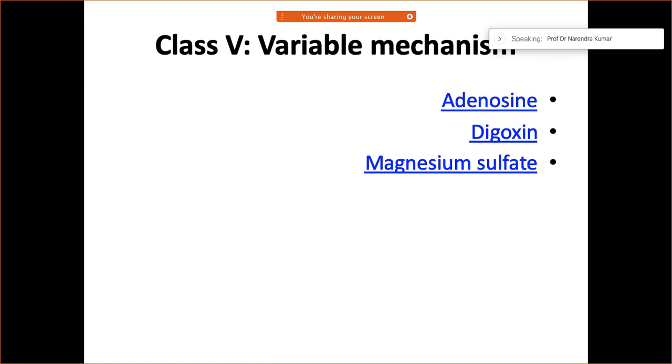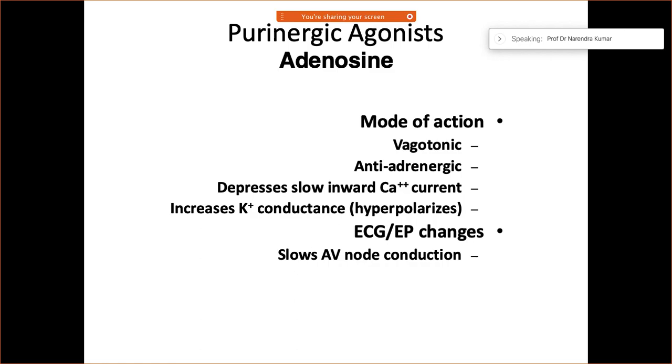There is also something called class 5. Class 5 does include several medications, like adenosine, digoxin, and also magnesium sulfate.